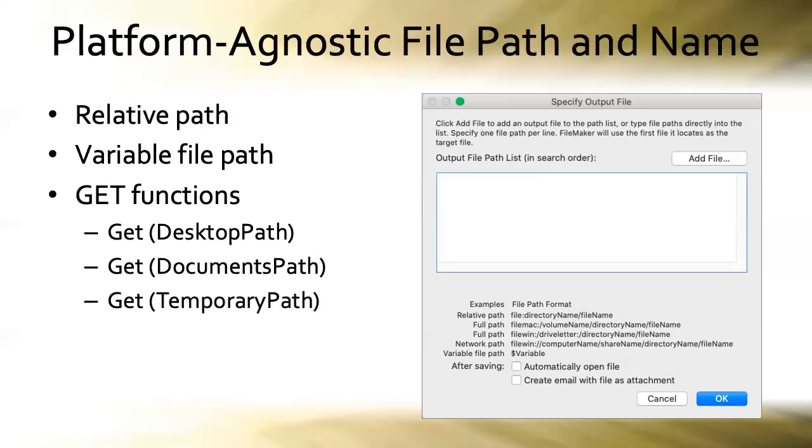There's a getTemporaryPath function. This one is just wonderful because FileMaker can create a temporary folder for the sake of storing files like the PDFs that you'll create and other kinds of files. And then every time you exit out of FileMaker, the temporary folder is deleted. It becomes a self-purging temporary storage folder.